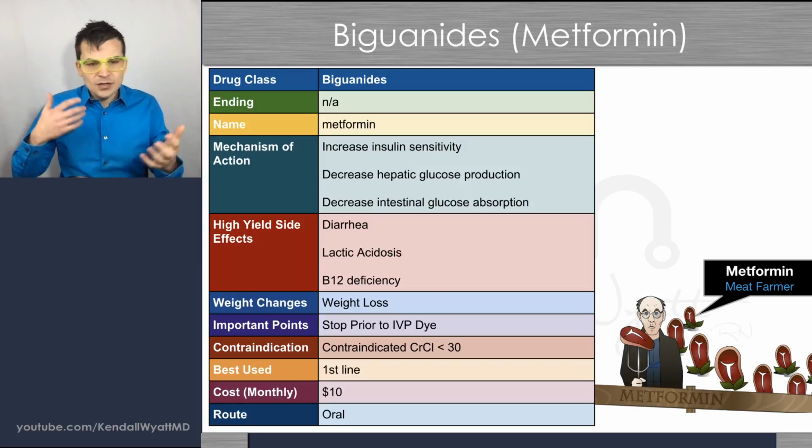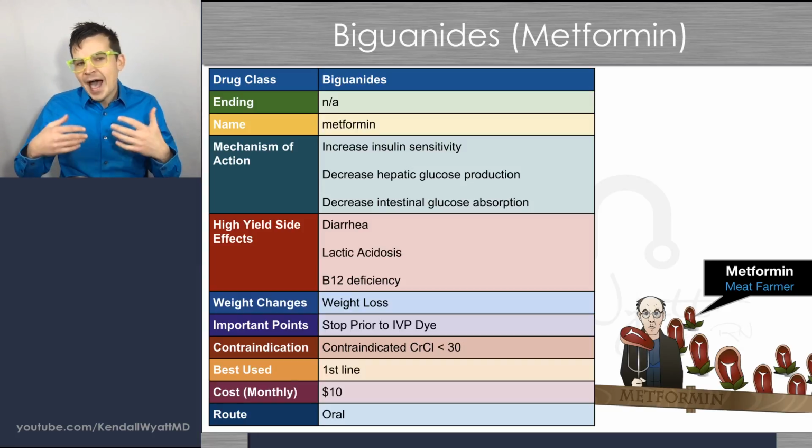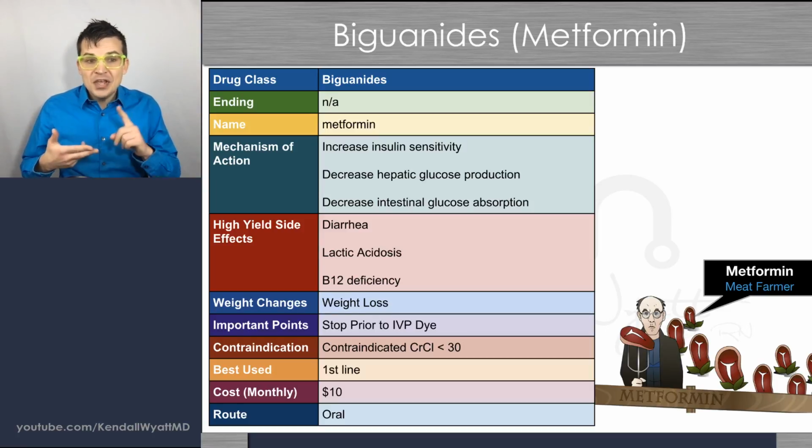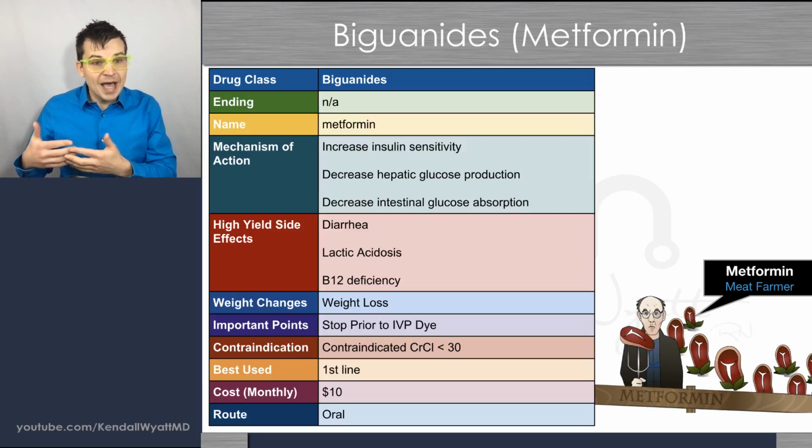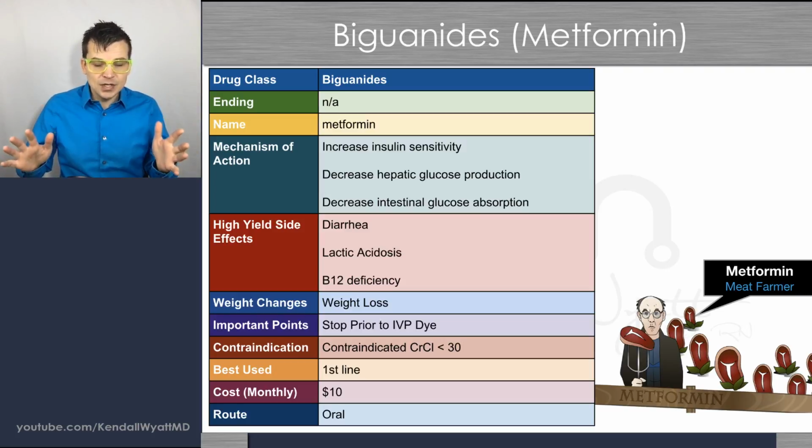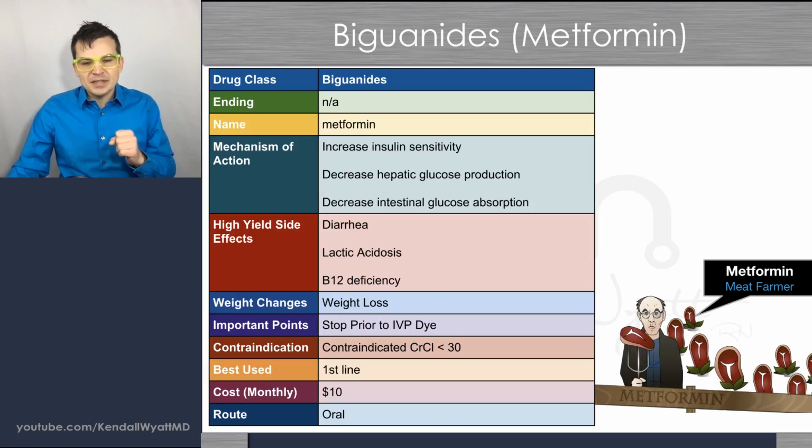So normally your body and your skeletal muscles and everything can break this down and turn lactate into energy. However, when you're dehydrated, you're not doing so hot, or you're sick, this extra lactate can increase and cause lactic acidosis. And of course, it can complicate lots of different things. So just remember lactic acidosis as a big, important, very commonly tested side effect.